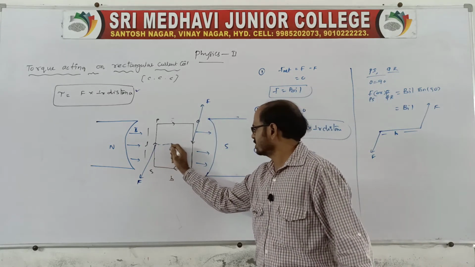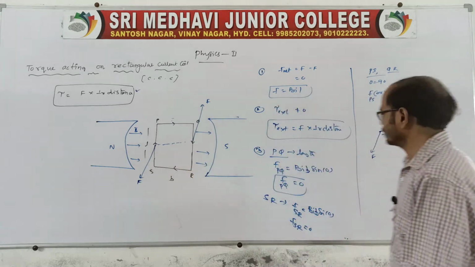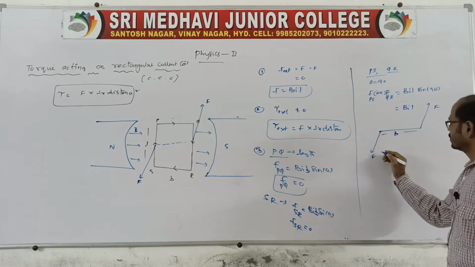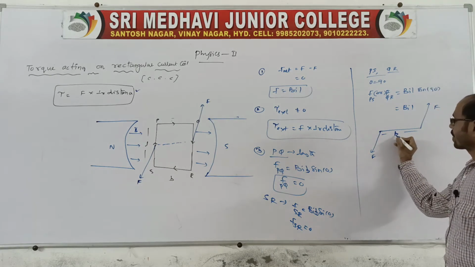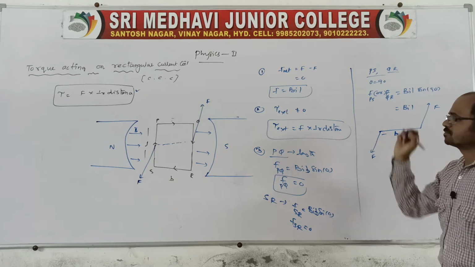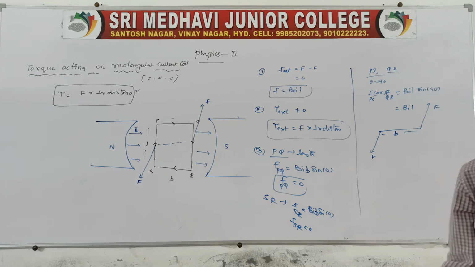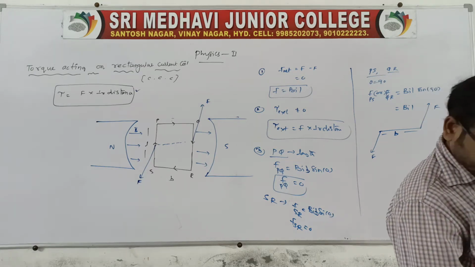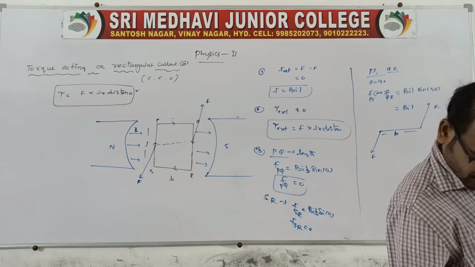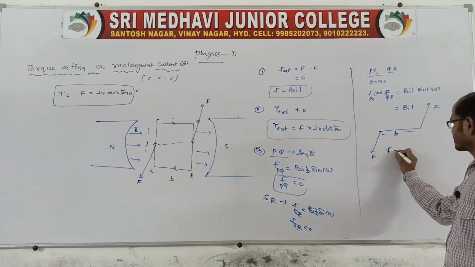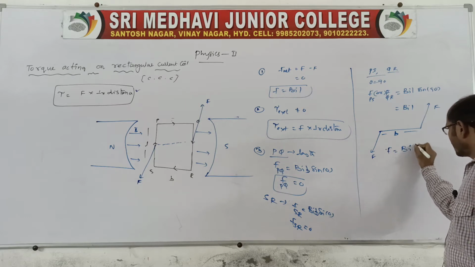If I draw one line, it is the breadth only, making an angle theta with the direction of the magnetic field. So the force is BIL.